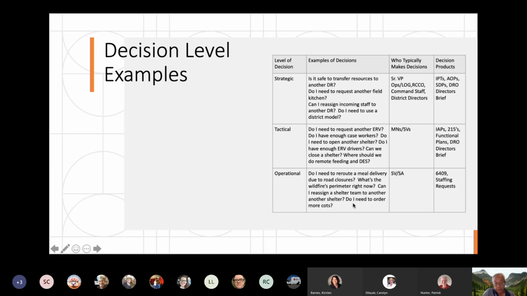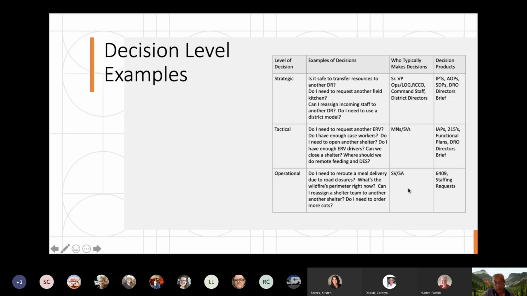Operational would be, what kind of questions? Do I reroute a meal delivery because there's a road closure? What's the wildfire perimeter right now? I have to make some decisions. And do I need to reassign one shelter team to another shelter, maybe because there's been an unanticipated increase in shelter population in another shelter?